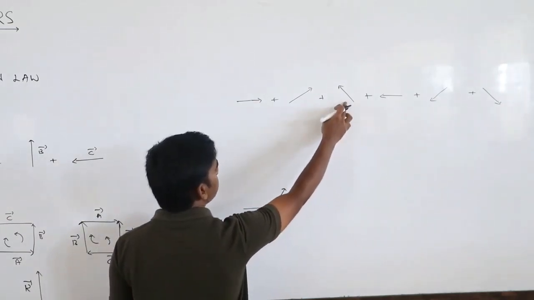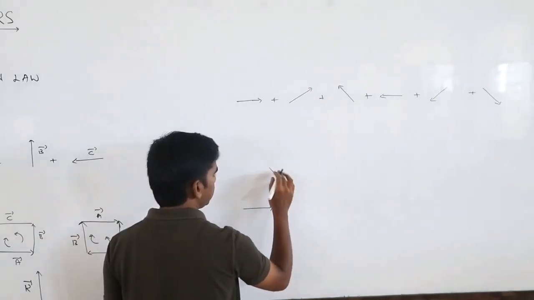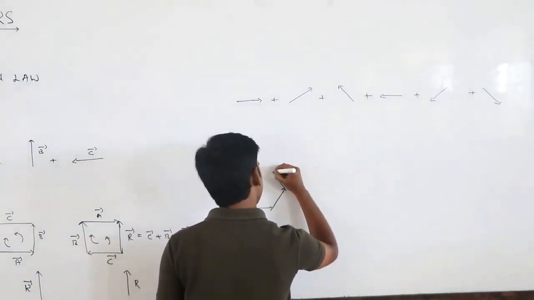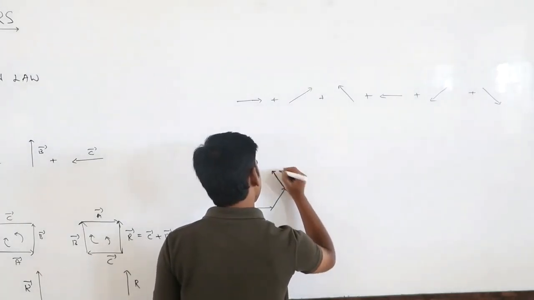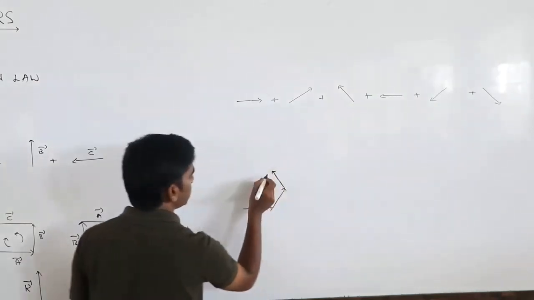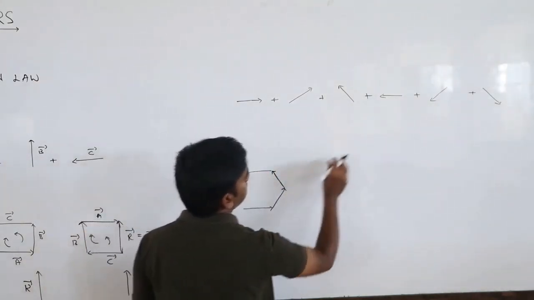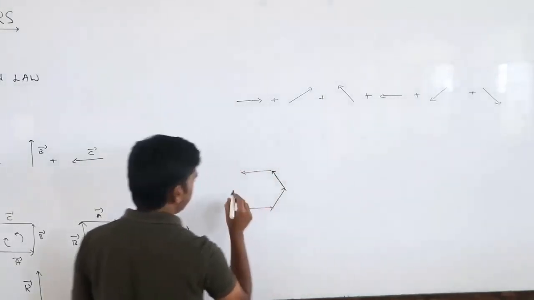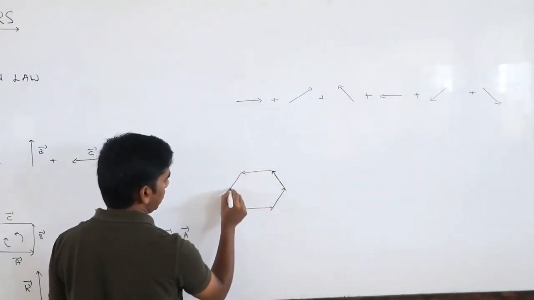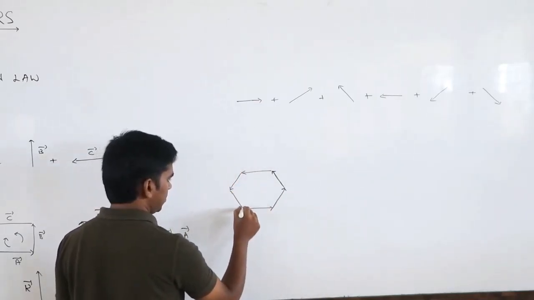Then one more in this direction, tail coinciding with head. Then the fourth vector, tail coinciding with head. Next it is in the downward direction, and one more comes to here.